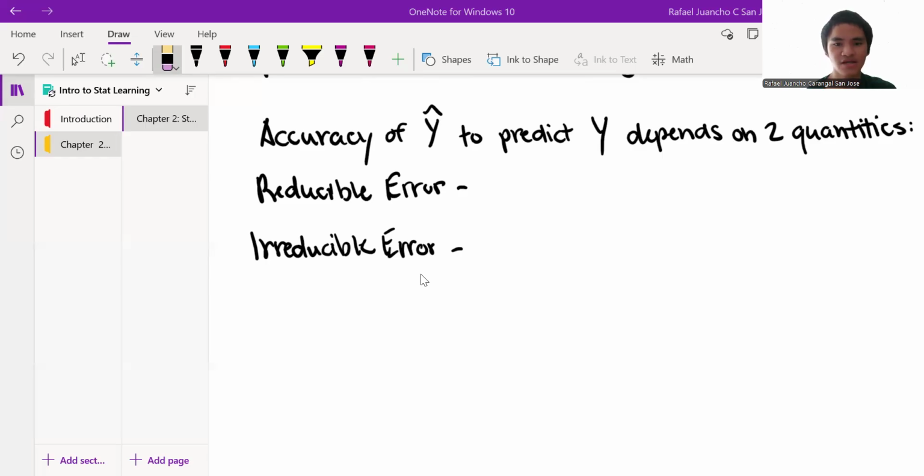And so we call that the reducible error, because we can potentially improve the accuracy of F by using the most appropriate statistical learning technique to estimate F. So here we're going to be using more tools to, not really perfectly, to better estimate F, right?